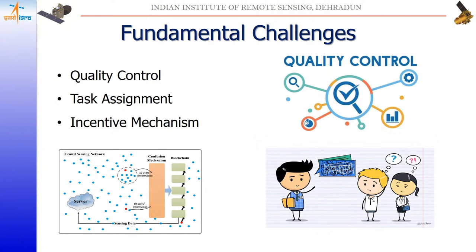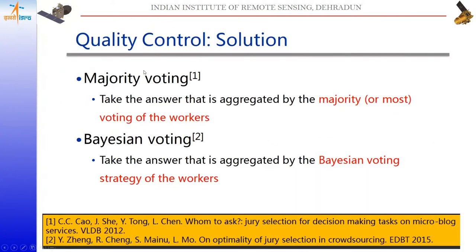One solution for reducing the noise and improving the quality of the data is majority voting, or it can also be Bayesian voting. In majority voting, we take the answer aggregated by the majority of the people, because the data is coming in huge amounts. So we take the data which has come from the majority of people, and that can be taken as a good data set.